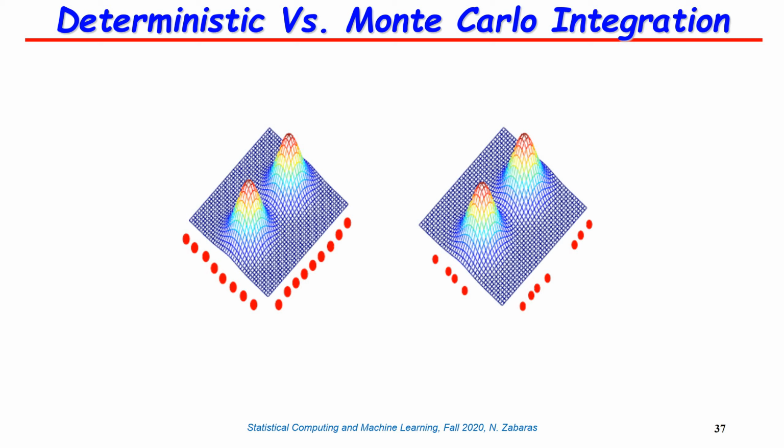The number of points that you use are sparse, and they better represent where the contribution to the integral is non-zero. So the Monte Carlo approximation looks to me much more natural than the deterministic approach that you are familiar with.